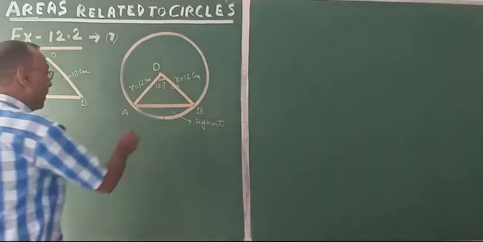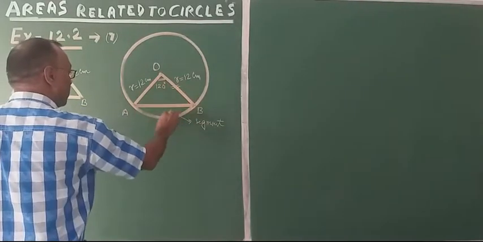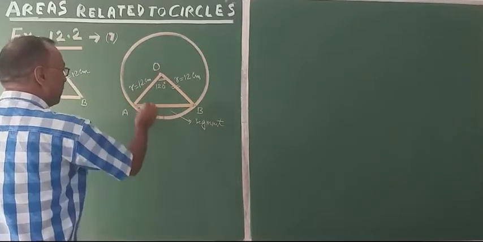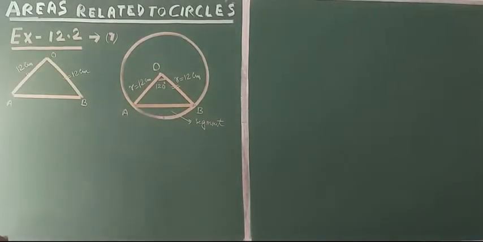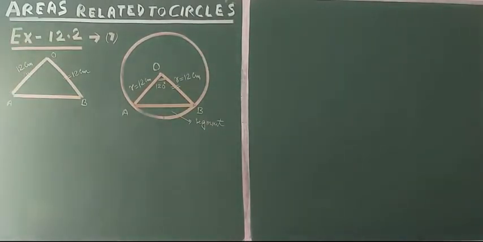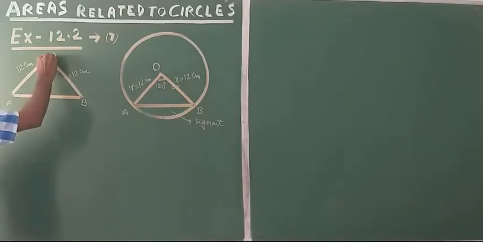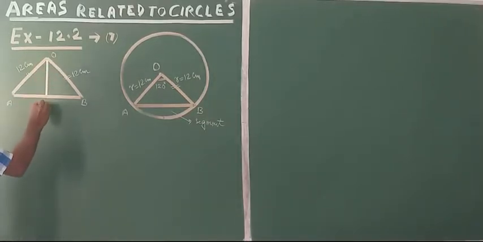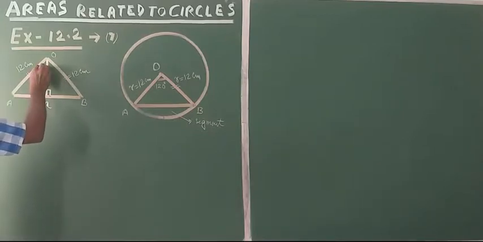So what will be the area of this segment? That will be area of this whole sector minus area of triangle OAB. Now for finding the area of the triangle, I am considering this triangle, and this is my construction work. I am drawing OM perpendicular to AB. So what will happen? This angle will be divided.